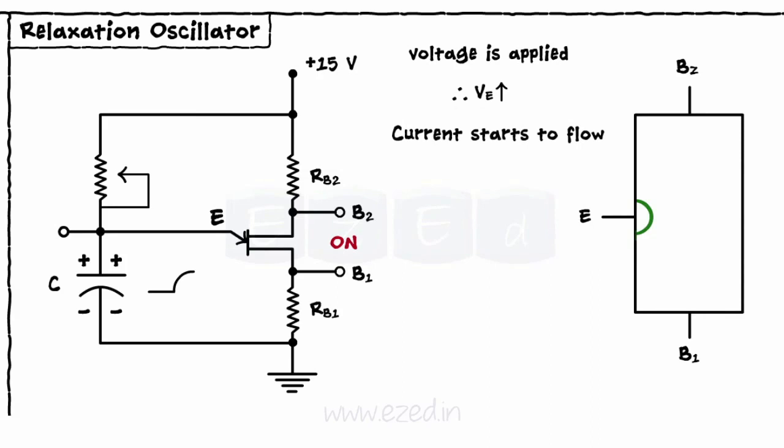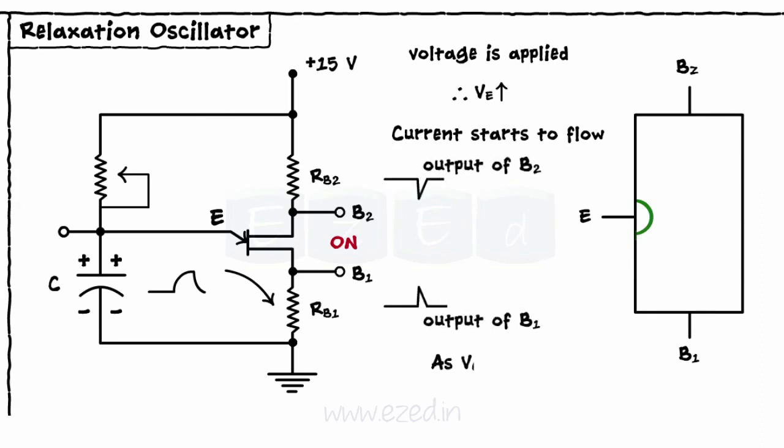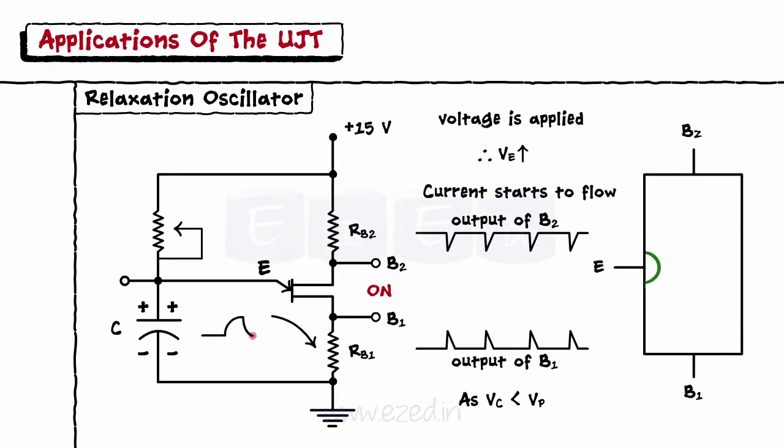The capacitor stops charging and starts to discharge through the resistance RB1, thus generating the triangular waveform. When the capacitor voltage reduces below the peak point voltage, the capacitor again starts charging, and the cycle continues, producing triangular oscillations.